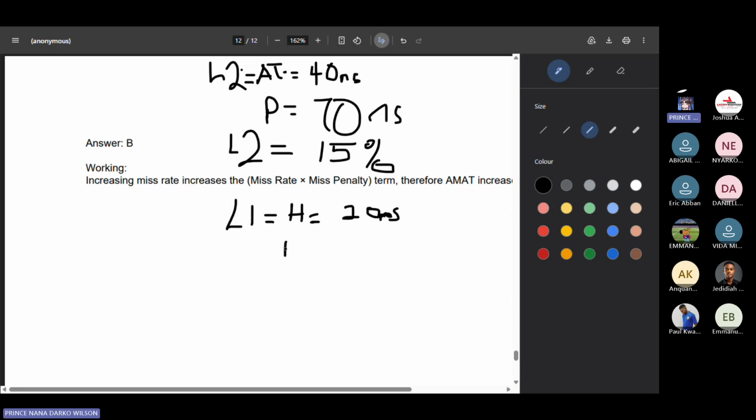I want you to calculate the miss rates for the level 1 cache.